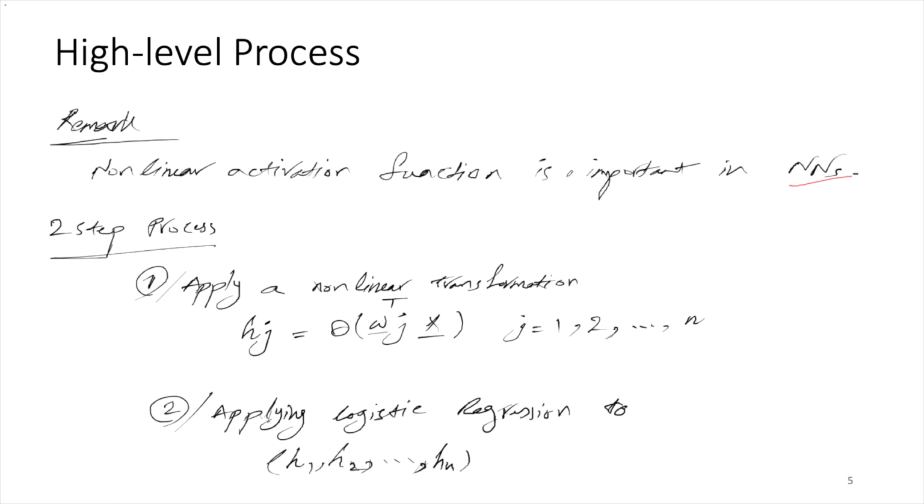And then we apply a logistic regression for that. You see the difference now between a neural network and a logistic regression? It is as if we have a logistic regression, but before that, we have applied a nonlinear transformation. And that's one of the superiorities of neural networks with respect to a logistic regression.